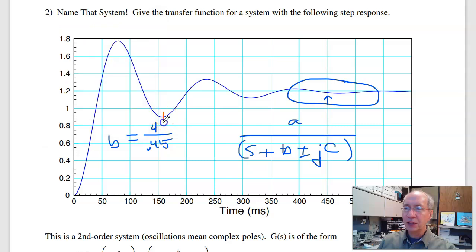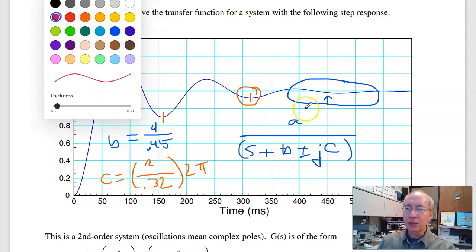I've got 1 cycle, 2 cycles, 3 cycles. Let's grab this one. I've got 2 cycles in 0.32 seconds. That gives you hertz. Anything English is wrong, so multiply by 2 pi to give you radians per second.